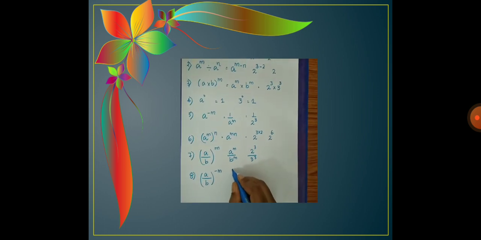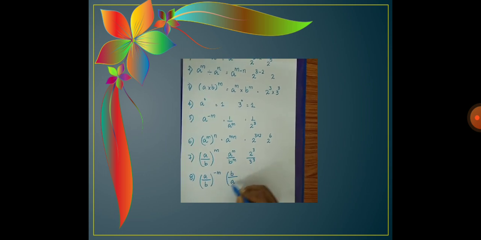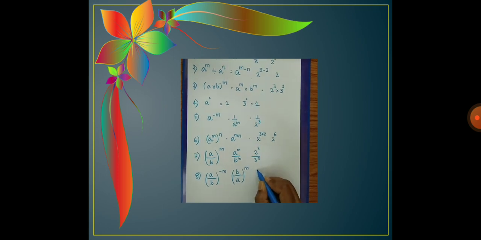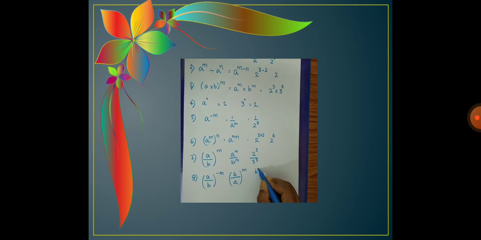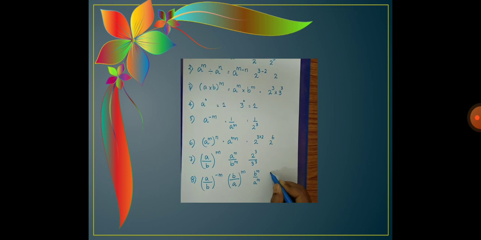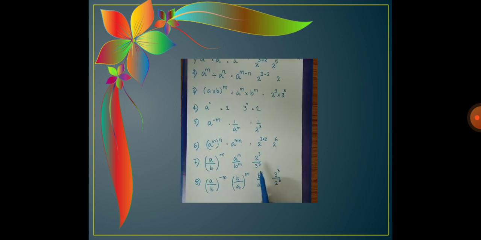That is equal to what? We will change the denominator: b by a raised to the power m, so b raised to the power m by a raised to the power m. B is 3, so 3 raised to the power 3 by 2 raised to the power 3. Okay.